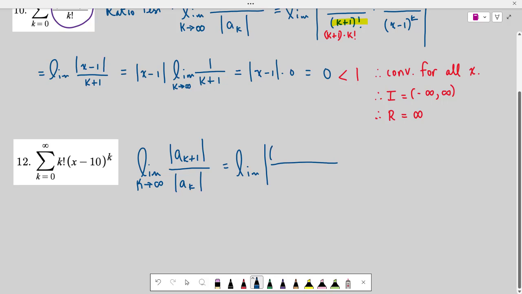So k plus 1 factorial times x minus 10 raised to the k plus 1, all divided by k factorial times x minus 10 to the k. So that's a sub k plus 1 over a sub k, all in absolute values.